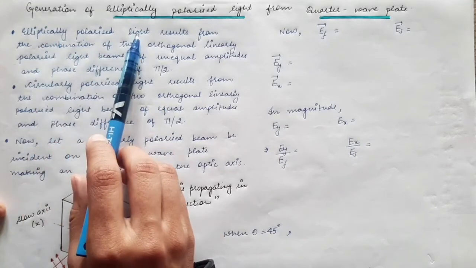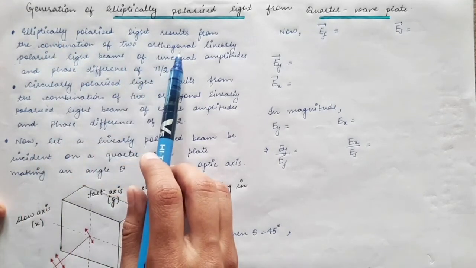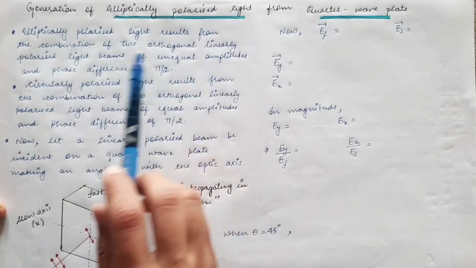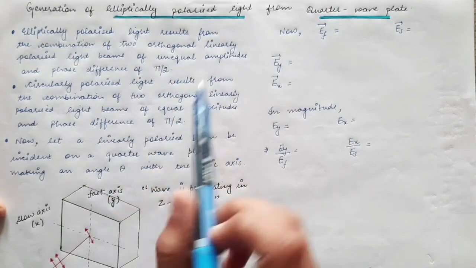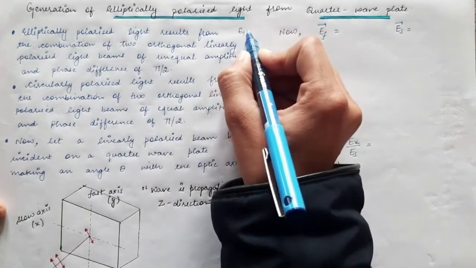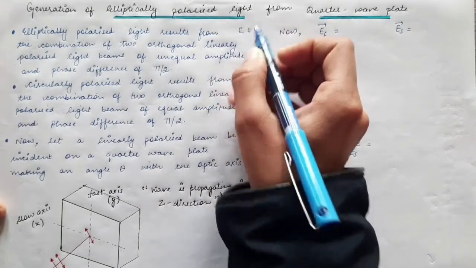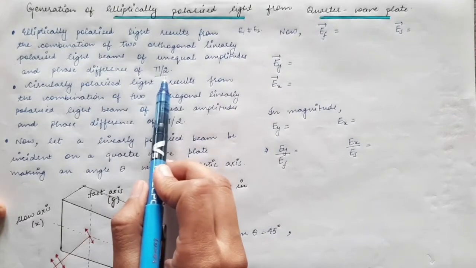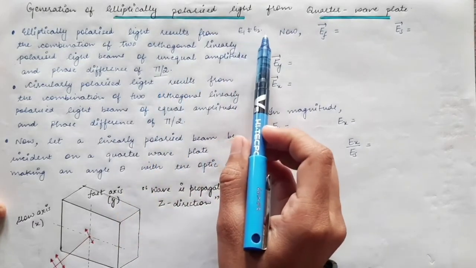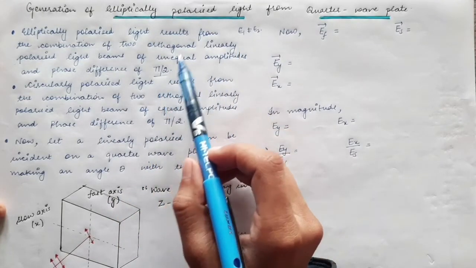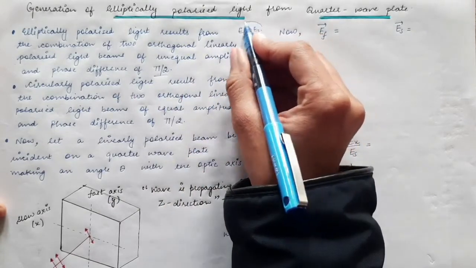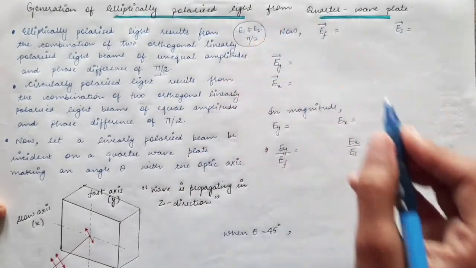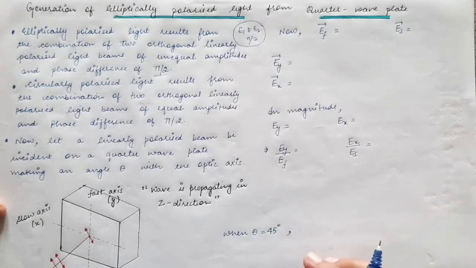It is made up of two orthogonal linear components whose amplitudes are not the same, E1 is not equal to E2, and the phase difference between them is pi by 2. This condition generates elliptically polarized light.